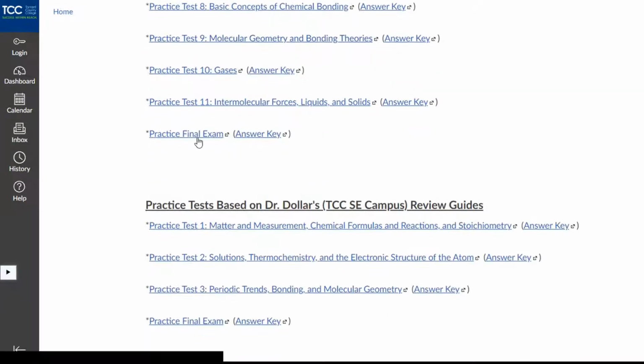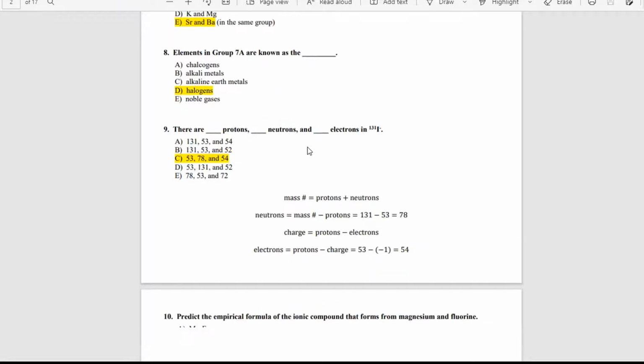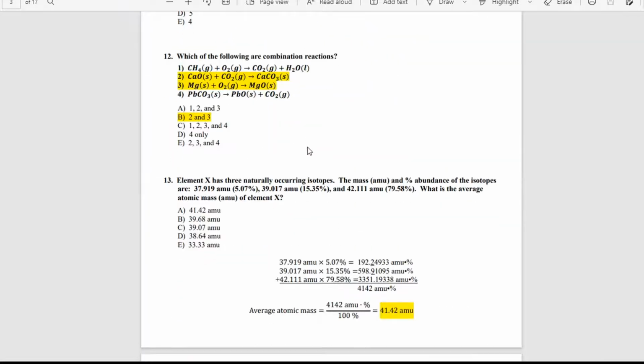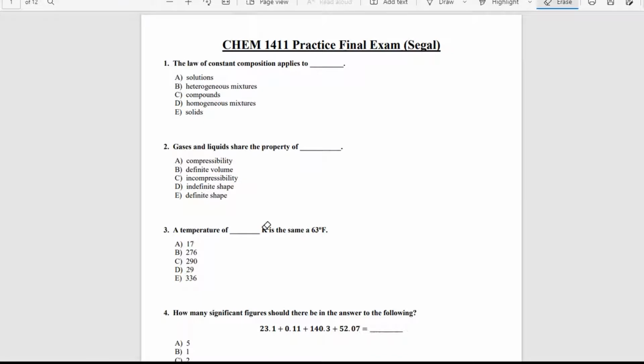The one that we're going to be using is the practice final exam from Dr. Segal, and the answer key that's posted here is comprehensive and it has all the work shown. It's actually pretty nice, if it'll ever show. Try it again. Open. Yeah. So you can see all the work is shown for the ones that do require work, etc. So, skip that. Let us go ahead and begin.